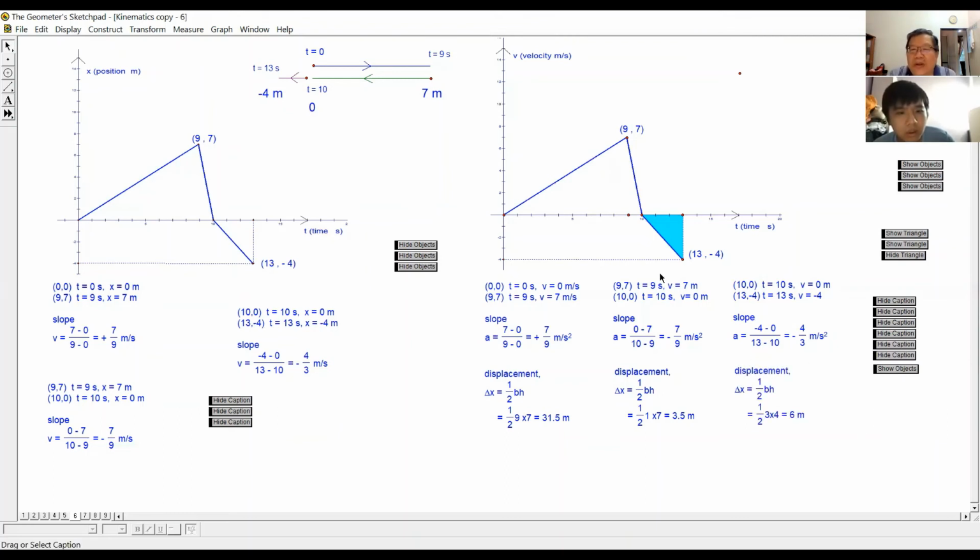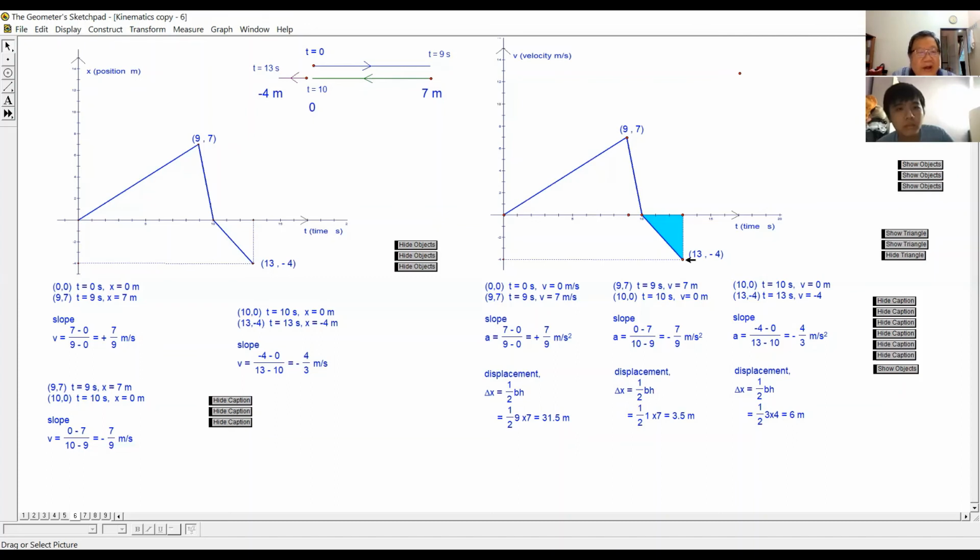Now, although it is moving in the opposite direction, it is still moving. As long as it's moving, there will be a difference in displacement. The difference in displacement is half base times height. So what is the base? Base is this one: 1, 2, and 3. 3 seconds.